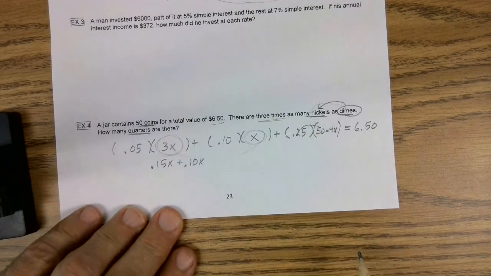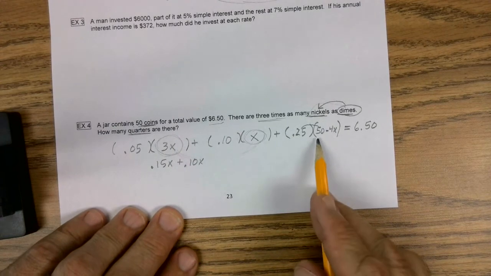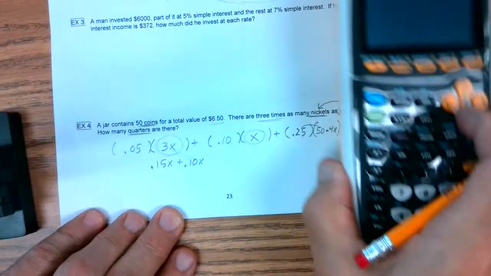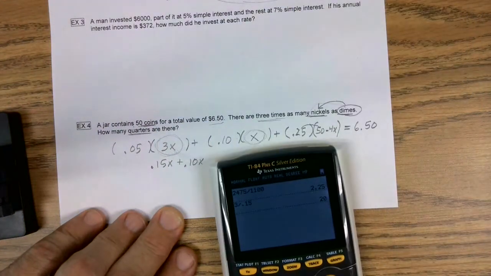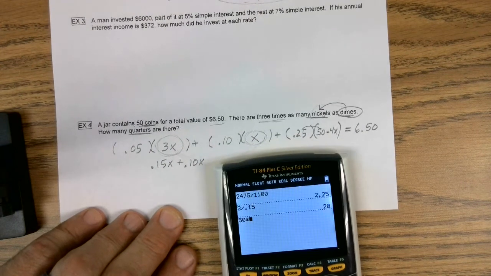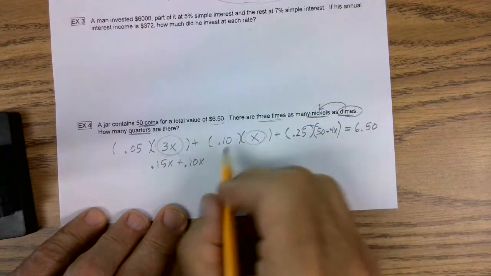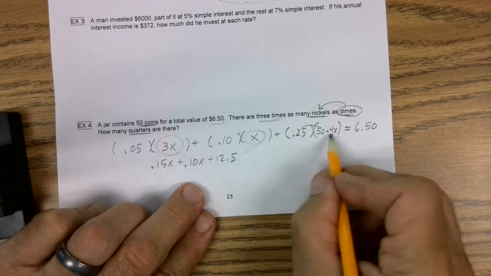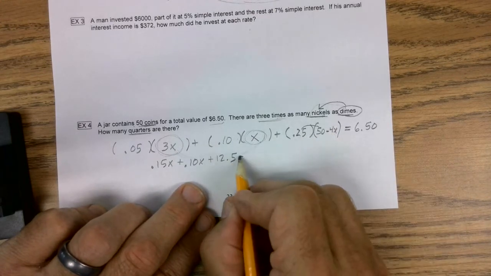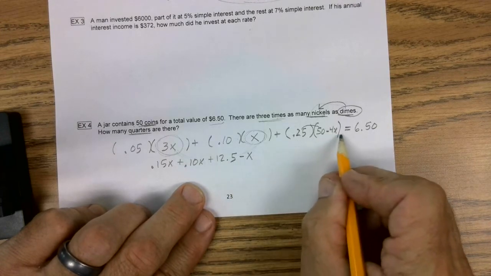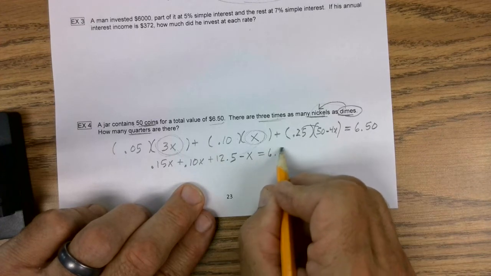Distribute. And this is going to be a little bit weird because it doesn't come out all nice and clean. But I'm just going to go 50 times 0.25, and I get 12.5. So plus 12.5, and then what's 0.25 times 4? That'd be minus 1x, or just x, and equals 650.